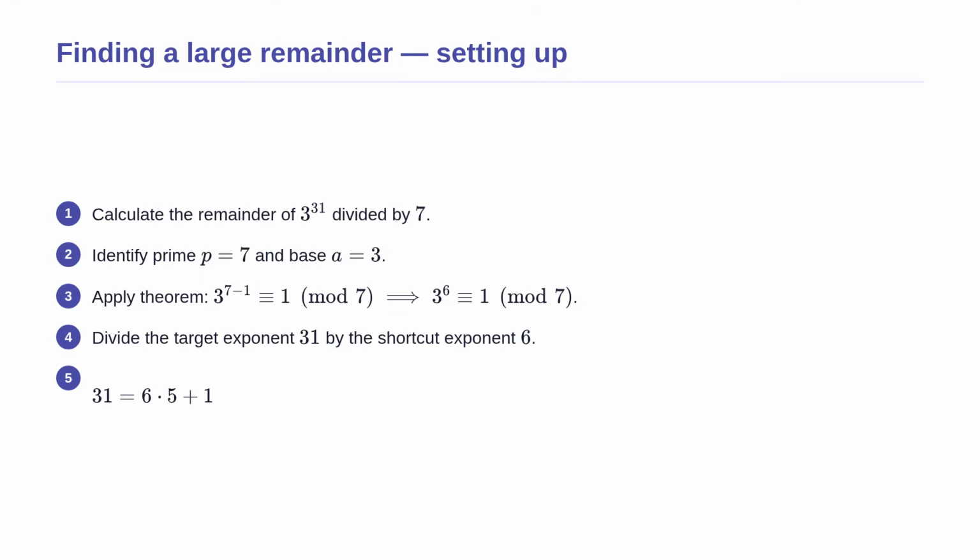Since 3 is not a multiple of 7, the theorem applies perfectly. The theorem tells us that 3 to the power of 6 is congruent to 1 modulo 7. We can use this as a shortcut. We divide our massive exponent, 31, by our shortcut exponent, 6. This tells us that 6 goes into 31 exactly 5 times, with a remainder of 1.